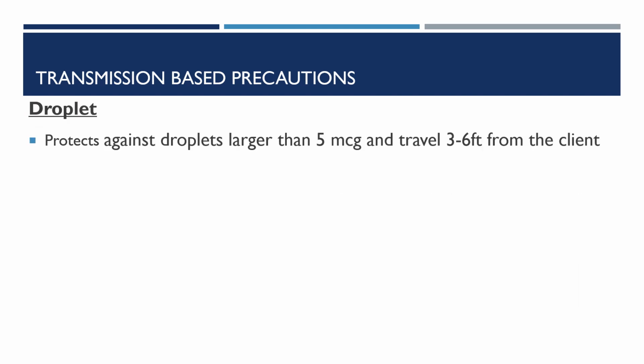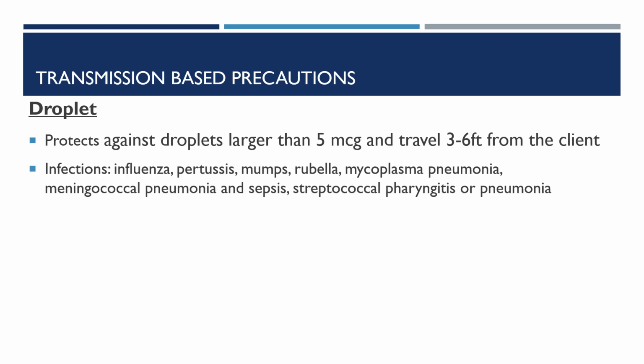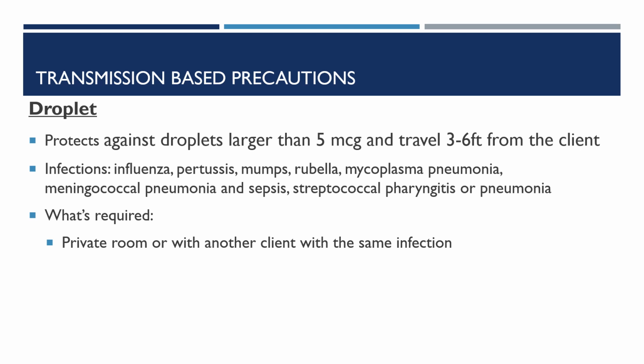Now, droplet precautions. These protect against droplets larger than 5 micrometers because they travel 3 to 6 feet from the client. Infections could be influenza, pertussis, mumps, rubella, pneumonia, sepsis, pharyngitis. What is required for these clients? Again, a private room or with another client with the same infection.